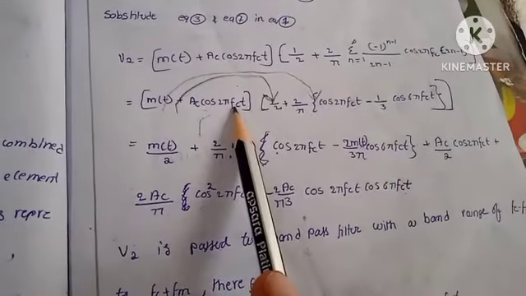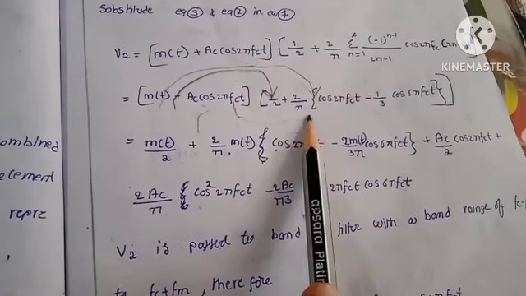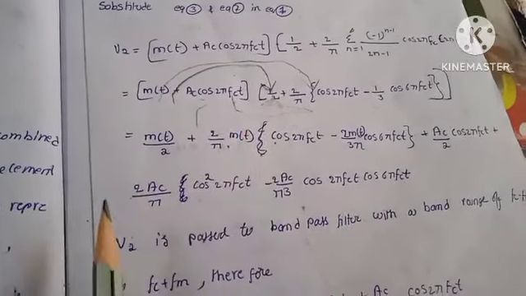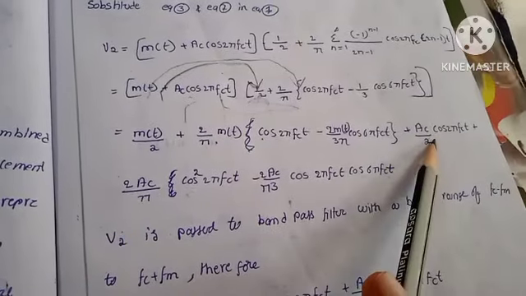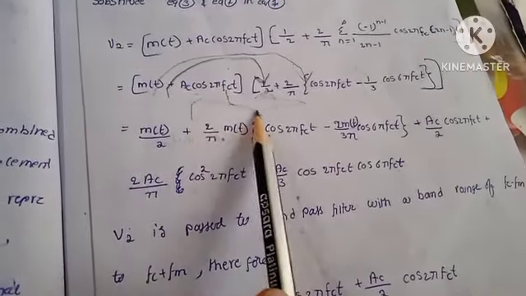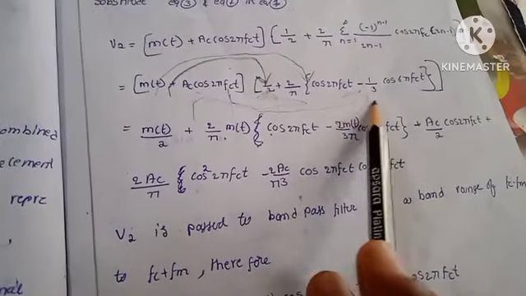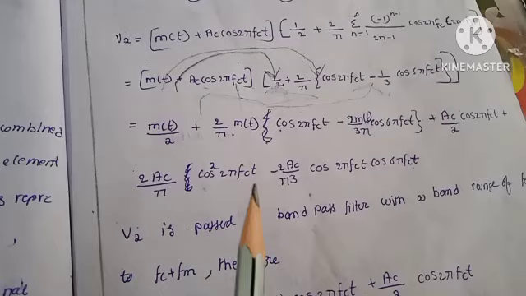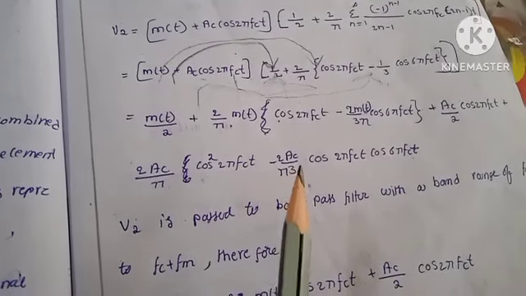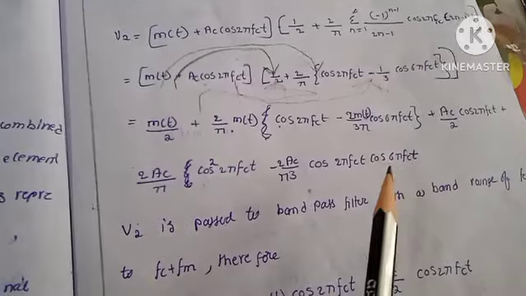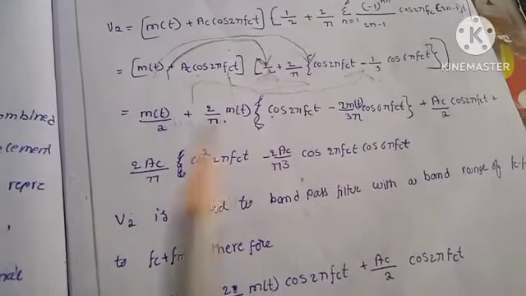Let us multiply the second term also with half, we get Ac by 2 cos 2 pi fc t, and multiplying with the second term, we get 2 Ac by pi cos square 2 pi fc t minus 2 Ac by 3 pi cos 2 pi fc t cos 6 pi fc t.